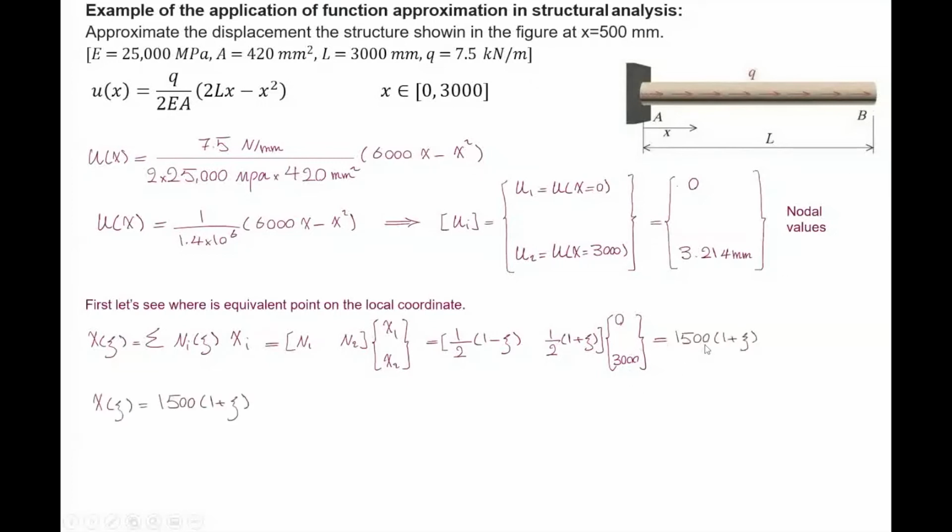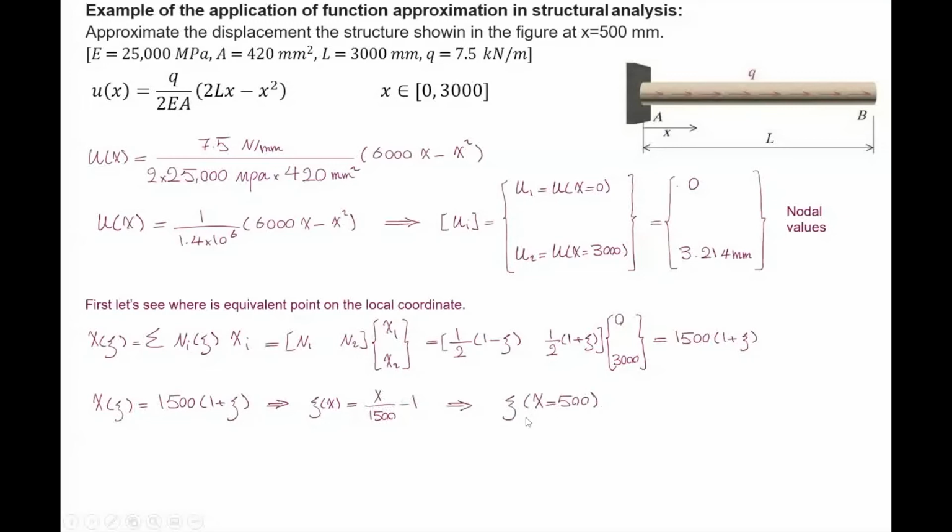After simplifying the calculation, x is going to be equal to 1,500 multiplied by 1 plus psi. Or if I want to write down psi in terms of x, that would be equal to x divided by 1,500 minus 1. These two are the mapping function. The left one is going to give us the value in the physical coordinate in terms of the local coordinate, and the right one is going to give us the coordinate in the local coordinate system if the coordinate in the physical system is given.